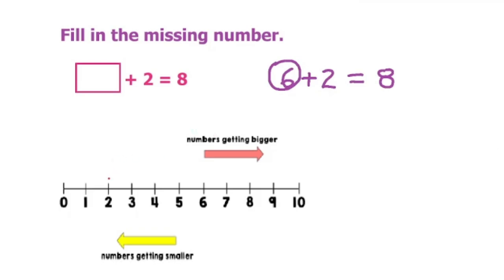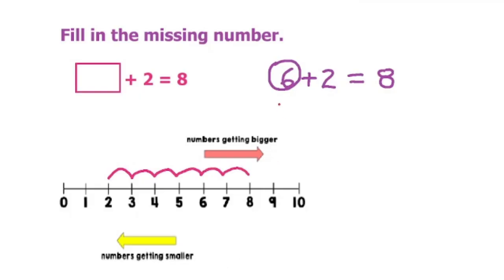So if we start here and go like this, 1, 2, 3, 4, 5, 6, and we reach 8. So we've jumped 6 times. So now we know that 6 plus 2 equals 8. So there's a couple of ways to do this.